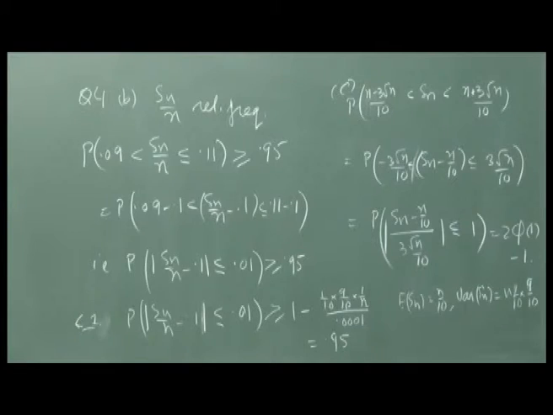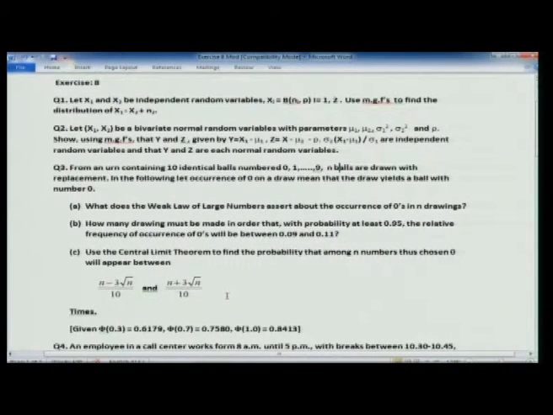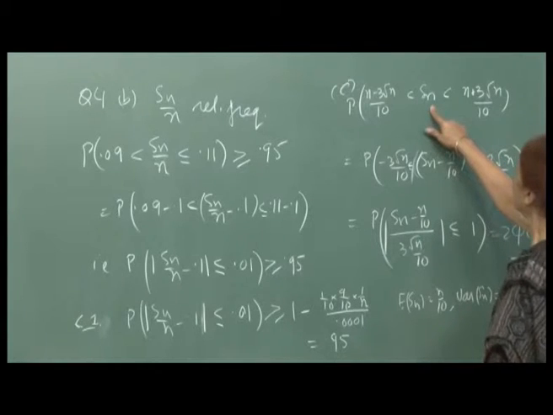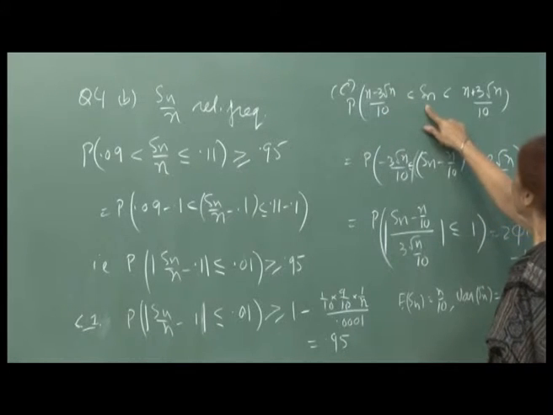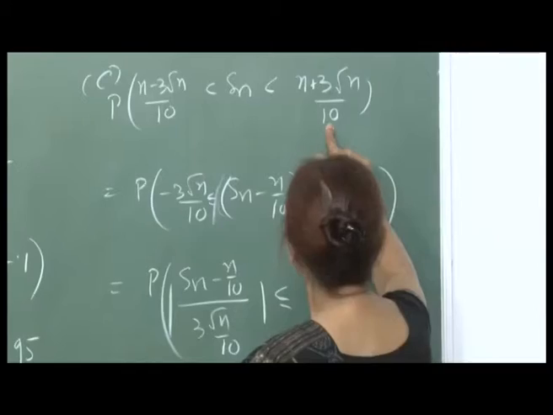Okay. Then part C: use the central limit theorem to find the probability that among n numbers thus chosen, 0 will appear between n minus 3 root n by 10 and n plus 3 root n by 10. So, here again you want this probability using the central limit theorem: n minus 3 root n by 10 less than Sn less than n plus 3 root n by 10.